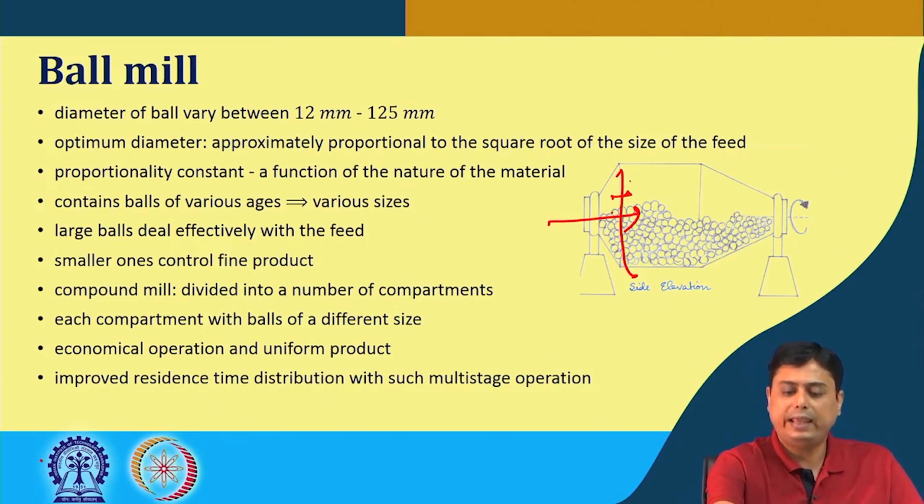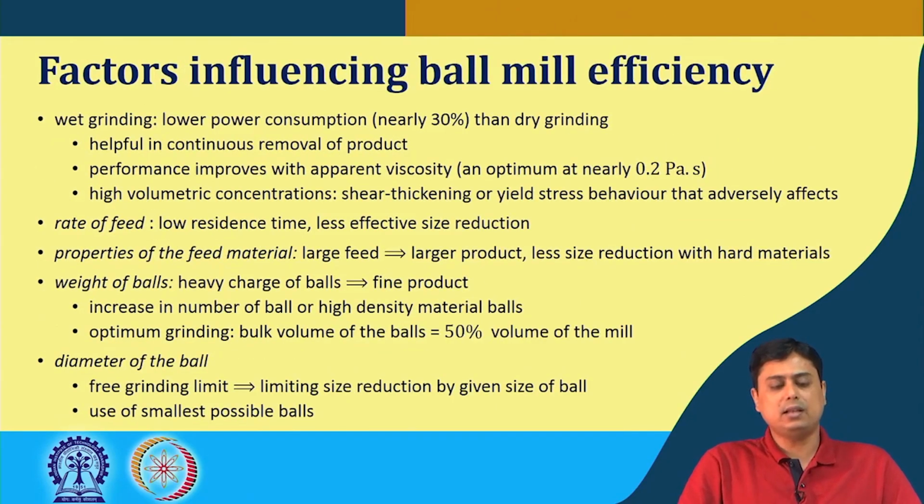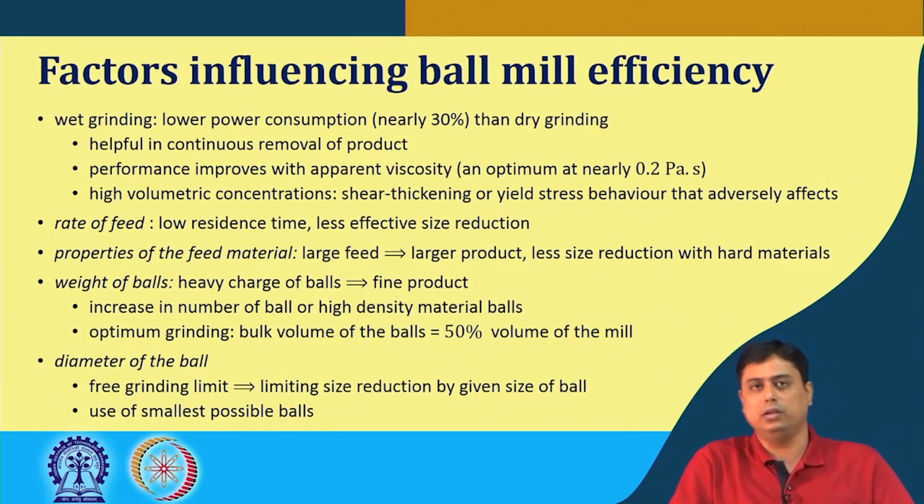So, instead of air, in wet grinding we have, say, water as the medium, and in that case the power consumption goes down by nearly 30% for a particular operating condition for a particular system. This wet grinding also helps in continuous removal of the product because there is a bulk motion of the fluid.